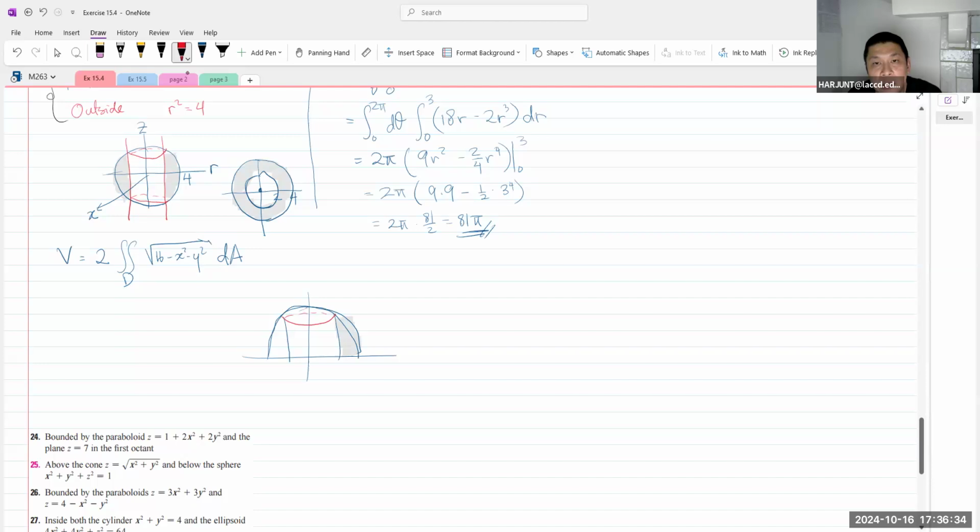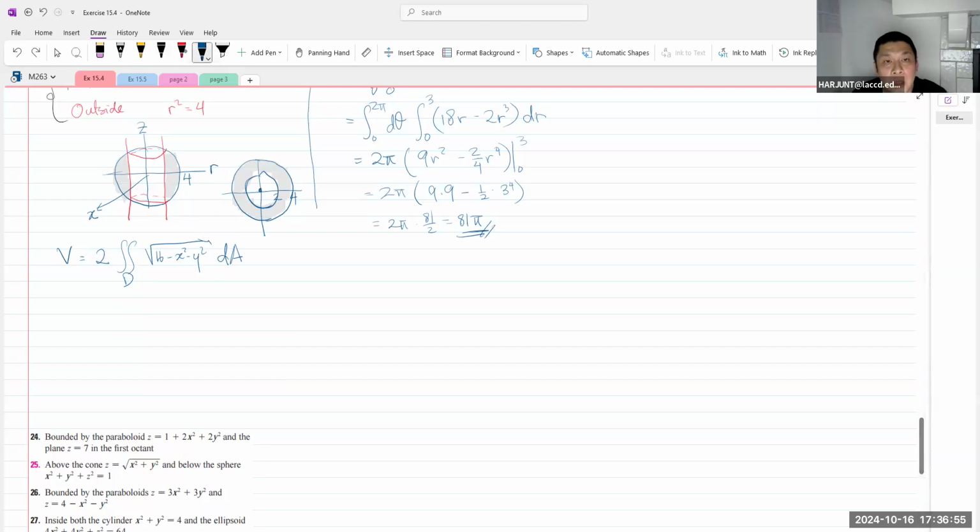Okay, can you imagine that? It's kind of hard to graph it, huh? Well, anyway, so that will be the integral. I double it because it's the top and the bottom part.